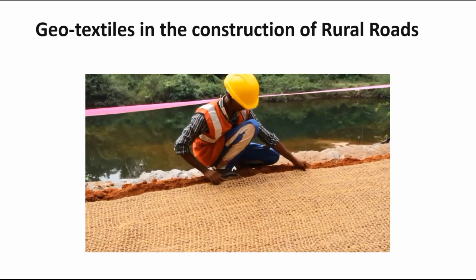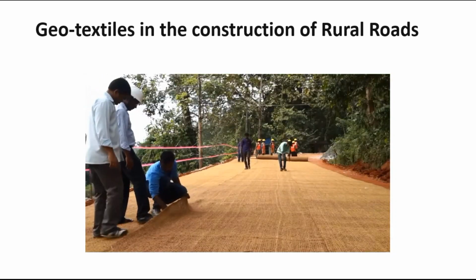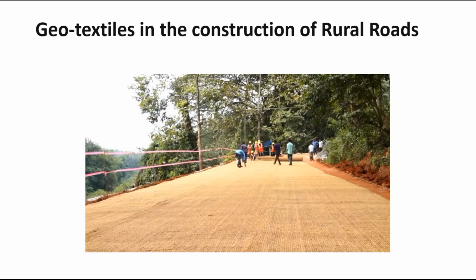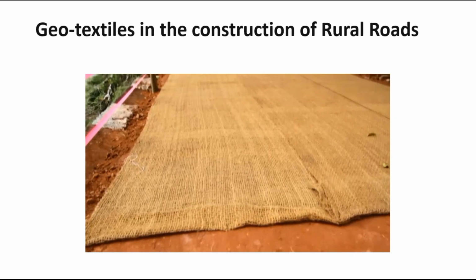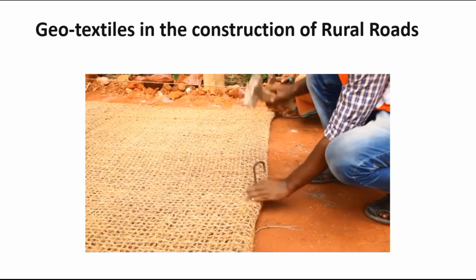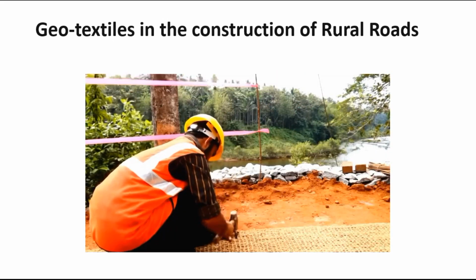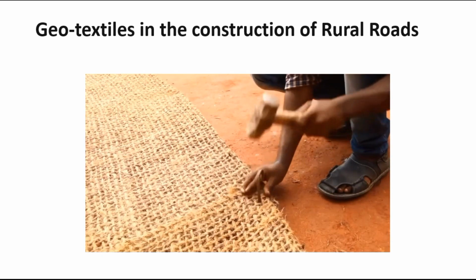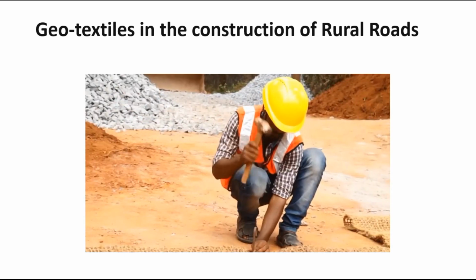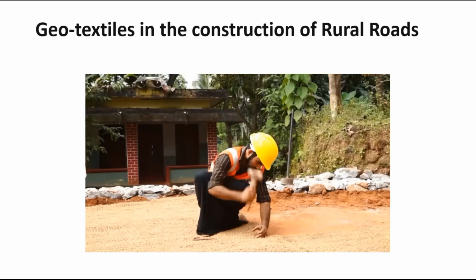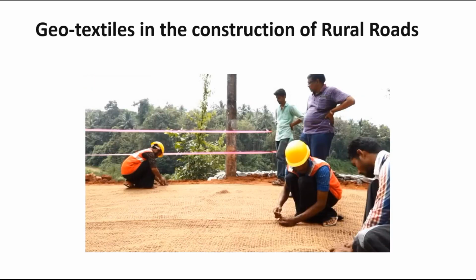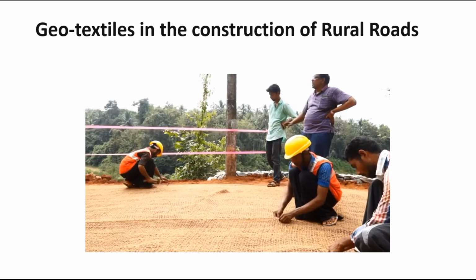Special attention is paid to ensuring the removal of folds and wrinkles. The rolls are then fixed to the subgrade using clamps after folding for a small length at the beginning and end of the roll, and also at the curves and slopes, in order to avoid chances of movement.